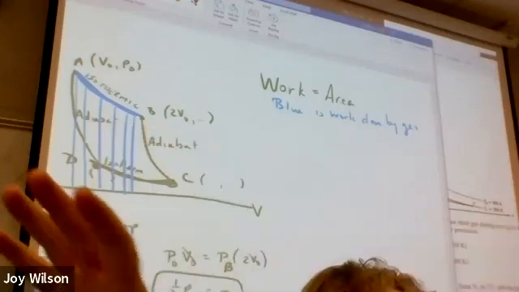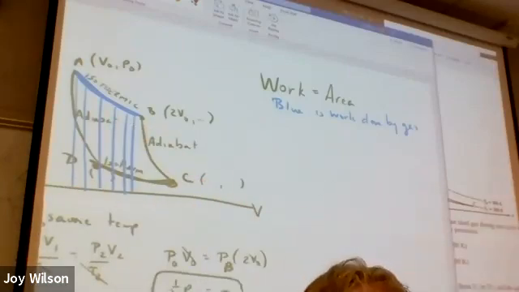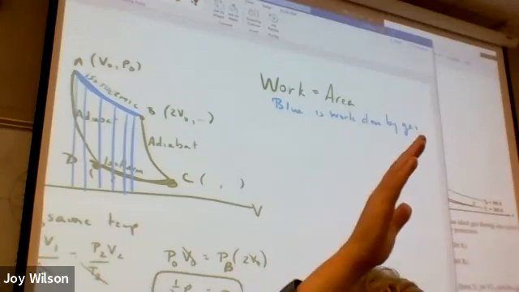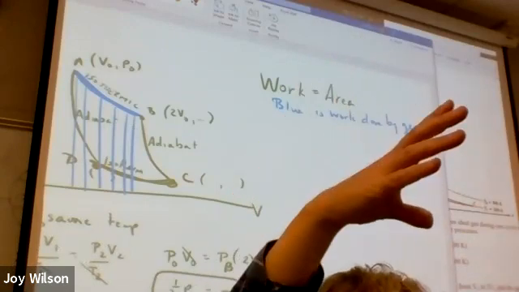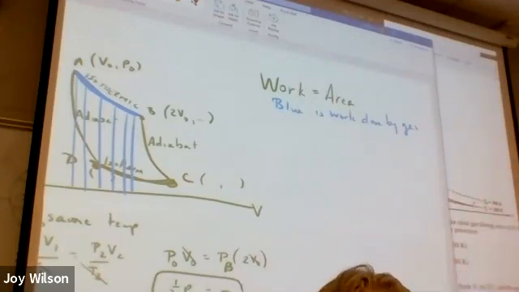The gas expands. If the gas expands, it pushes energy out into the world. Just like in your car, when the piston fires, the spreading out of the gas causes the piston to move, which causes your motor to turn over. That's way too simplified, but you know what I mean. So that's work going out.